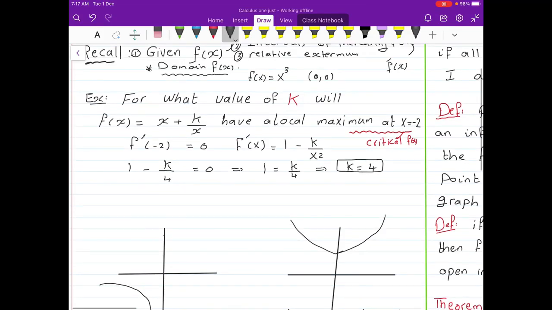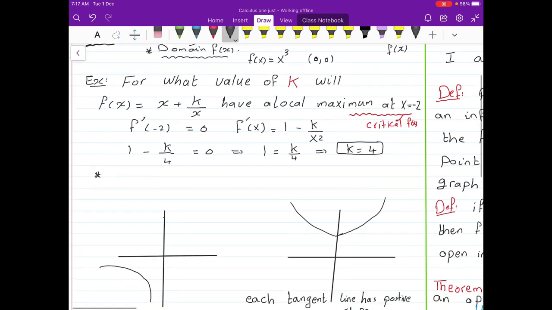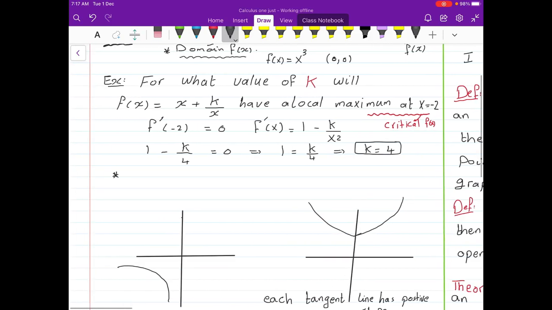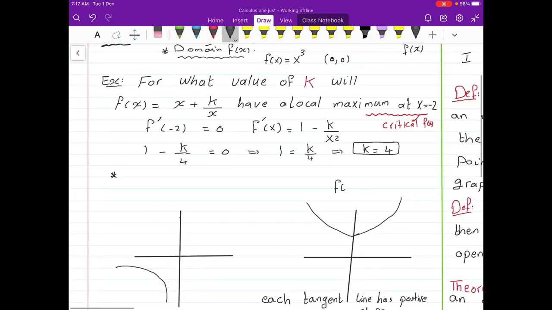Now we will start to define what we mean by the function f(x) being concave up or concave down. If you have this function f(x), this is a graph of f(x), obviously the graph of this function is concave up. Concave up means this function opens up.